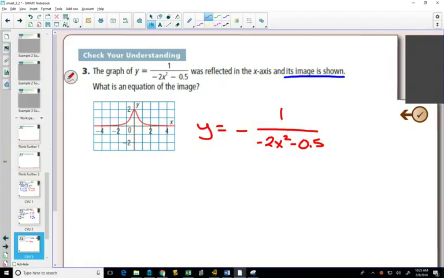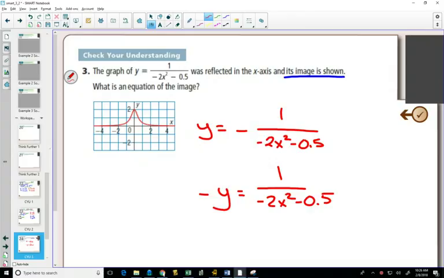Sometimes people like to think of it as my y values that are getting multiplied by a negative. Can you see that this equation is the same as this equation? I have just multiplied both sides by -1 and moved the negative over to the other side.